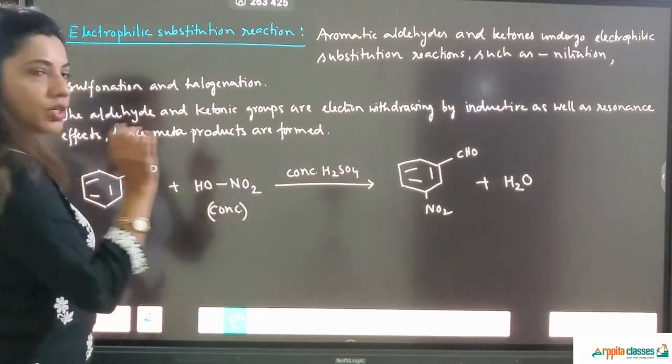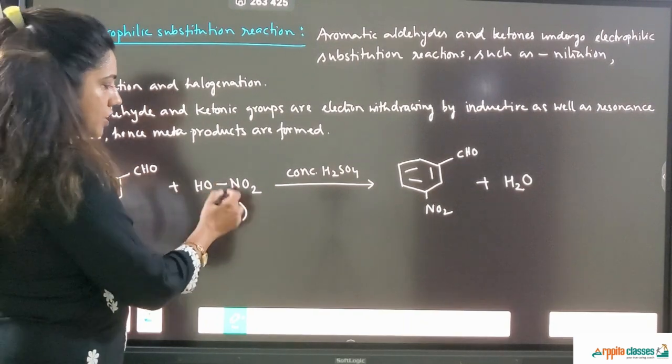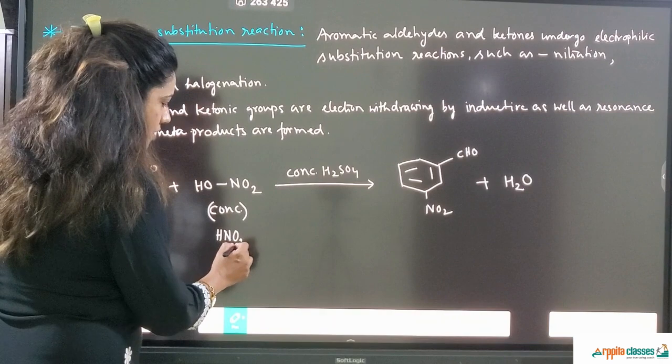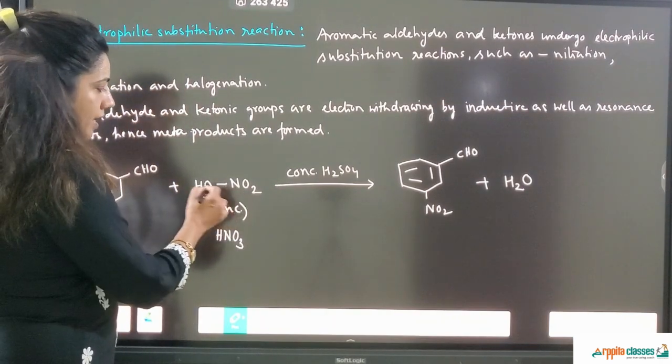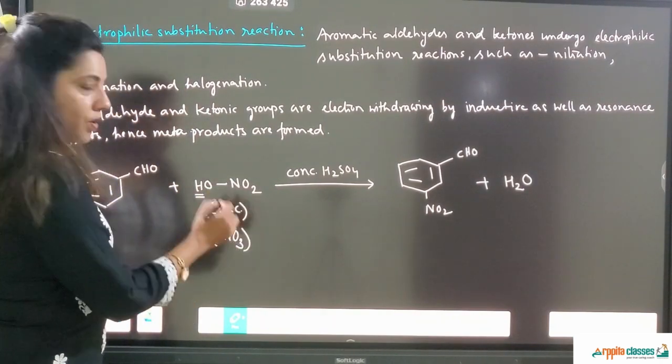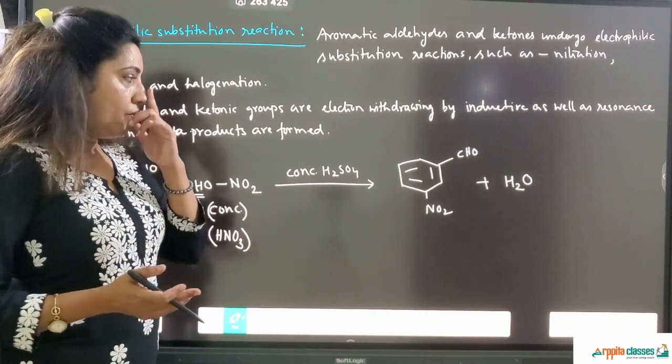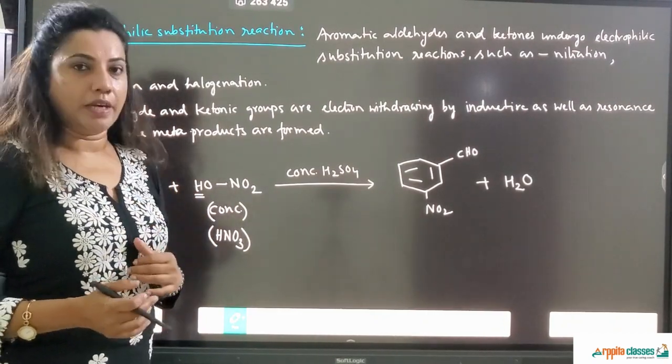So here the nitration is shown. We know that concentrated HNO3 is nothing but nitric acid. Concentrated nitric acid and concentrated sulfuric acid is called the nitrating mixture, which gives rise to the NO2 plus electrophile.